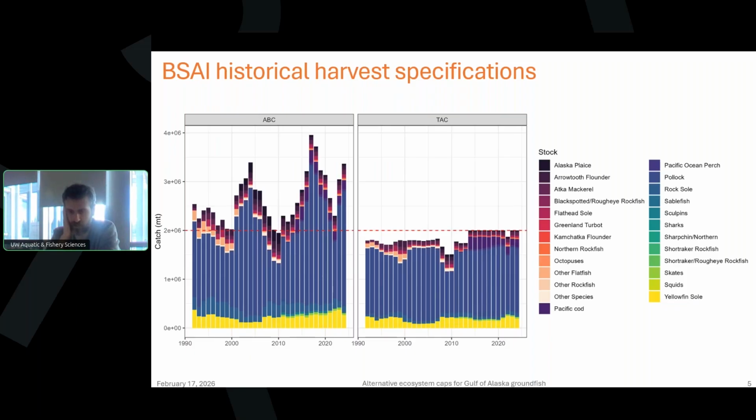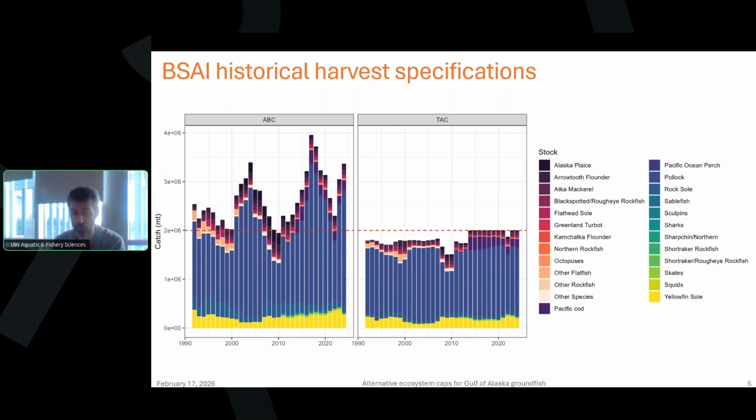I believe this is BSAI combined, but you see the ABC and the TAC, right? Those bars are the stacked harvest specs for each year. I think this is not updated to last year, so it might be from 2024, but the point being that if you look at the aggregate ABC, it goes over the 2 million ton cap.